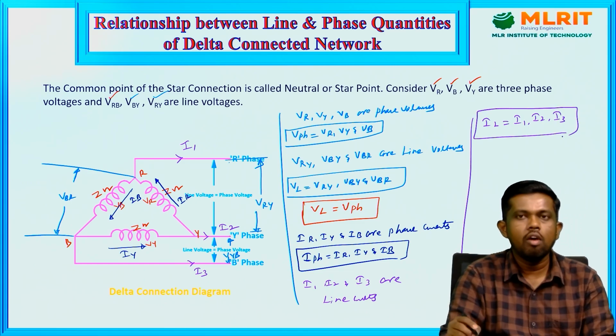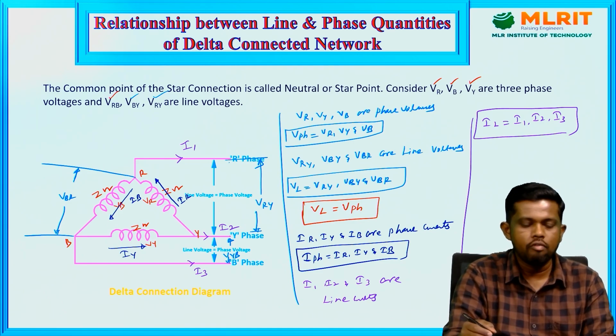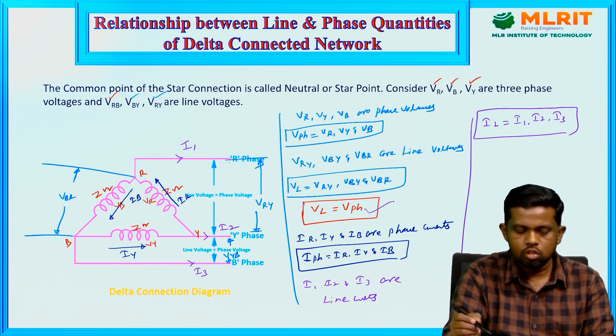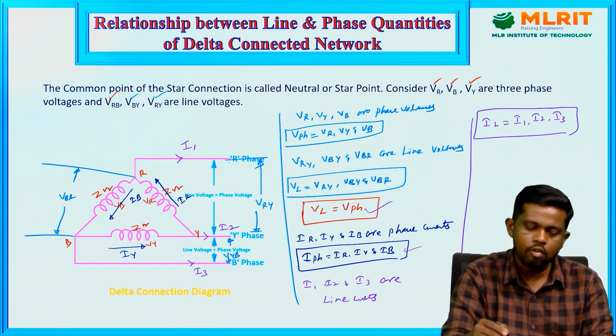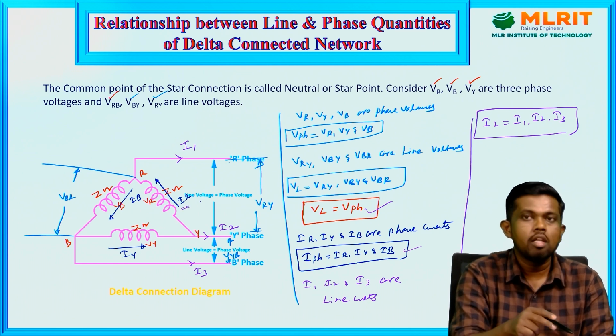Till now we have derived the relationship between line voltage and phase voltage. Both are equal, that is, VL equals V phase. Next we need to find the relationship between the line and phase currents. Let us consider one phase. This is IR. Is IR the same as line current I1?